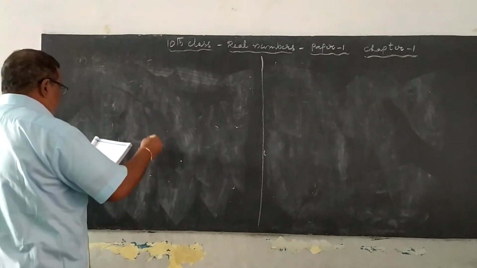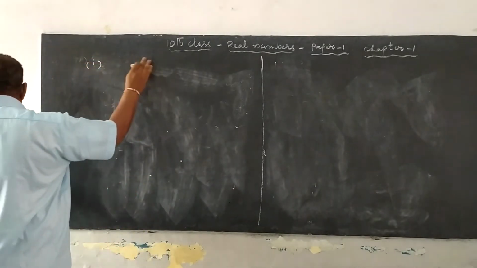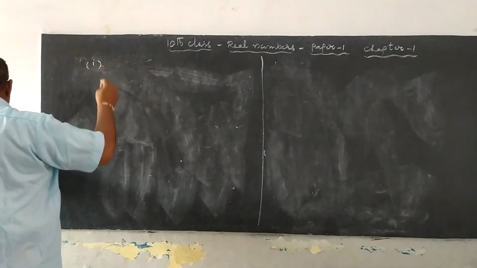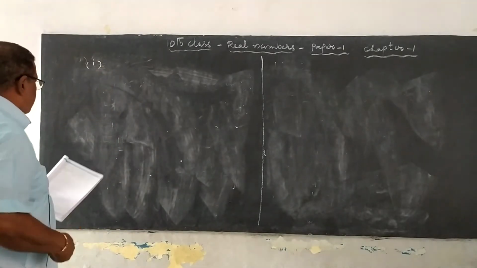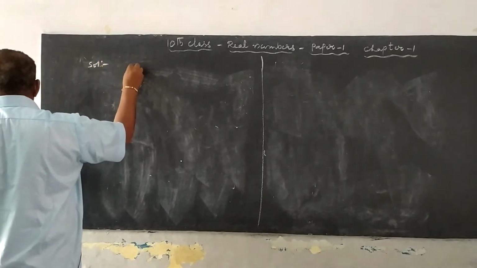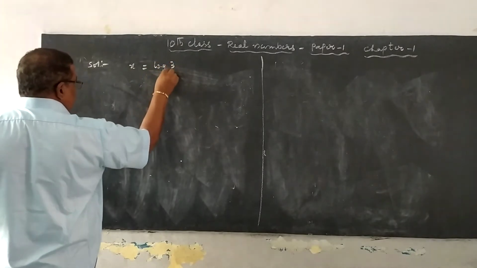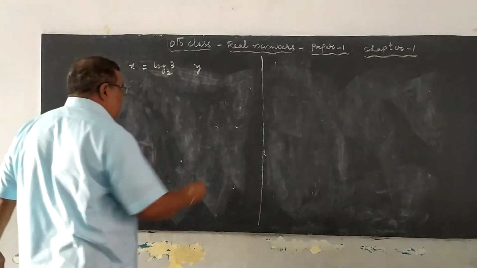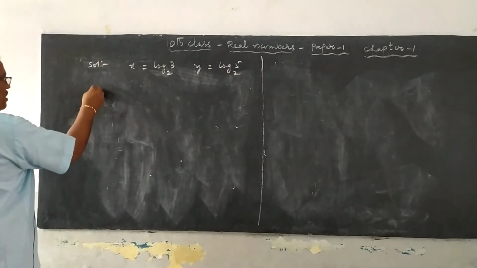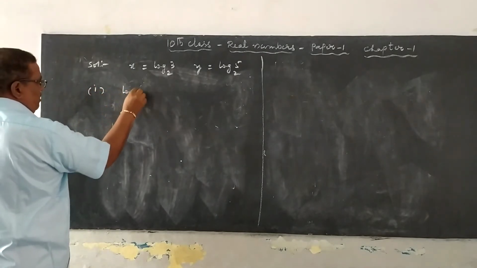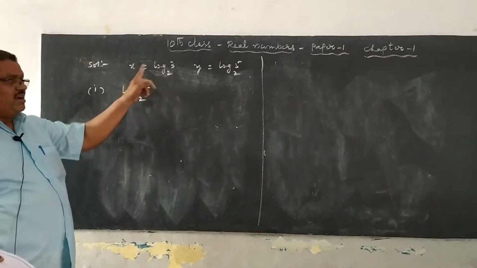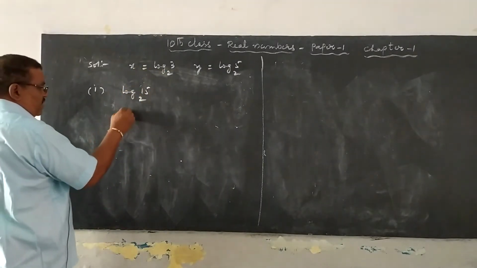The first problem in the third Roman is log 15 base 2. What is given here? X is log 3 base 2 and y is log 5 base 2. These are the values of x and y. The first problem is log 15 base 2. So we have to express this in terms of x and y. How we have to represent this, see one time.